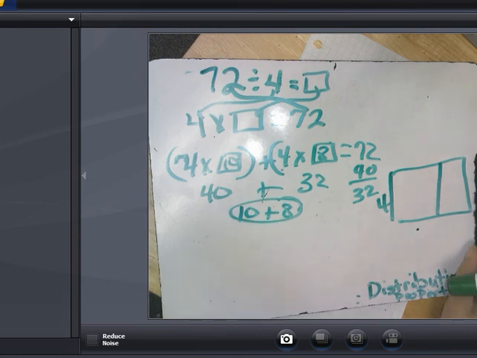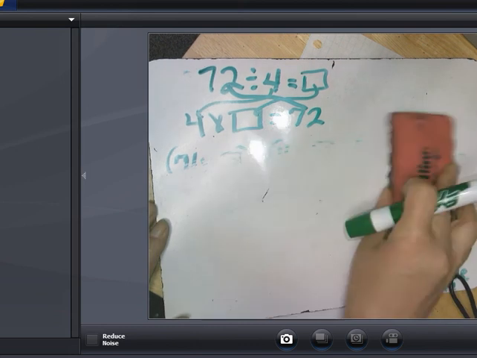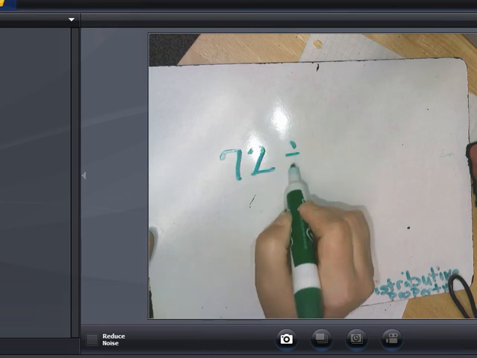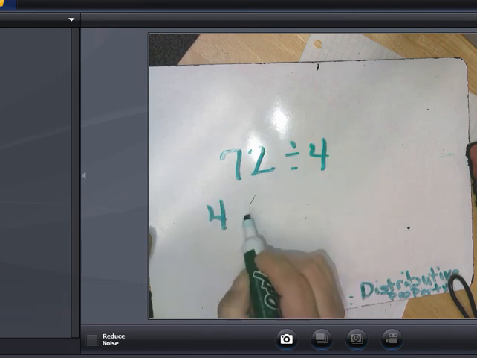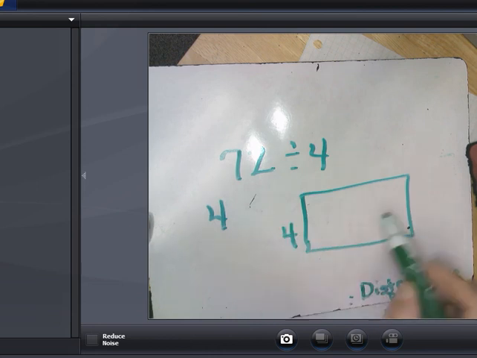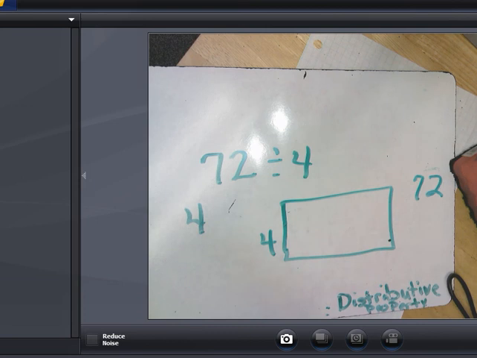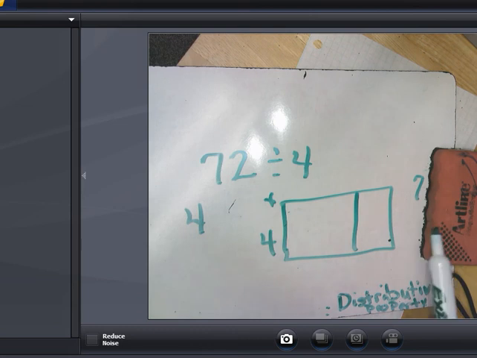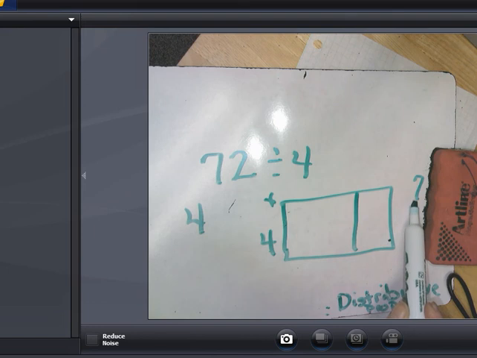I want to show you a little trick when I'm dividing. So if I'm going to do this, and I'm making my array, and I have 72 over here, and I'm not sure what I should put in here if 10 doesn't seem like it's going to take forever. My trick is I always cover up the ones digit, and I ask myself, 4 times what will get me close to 7?